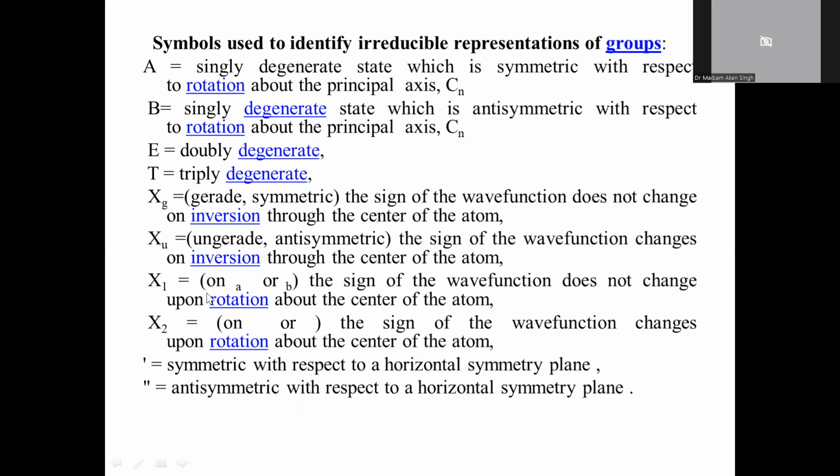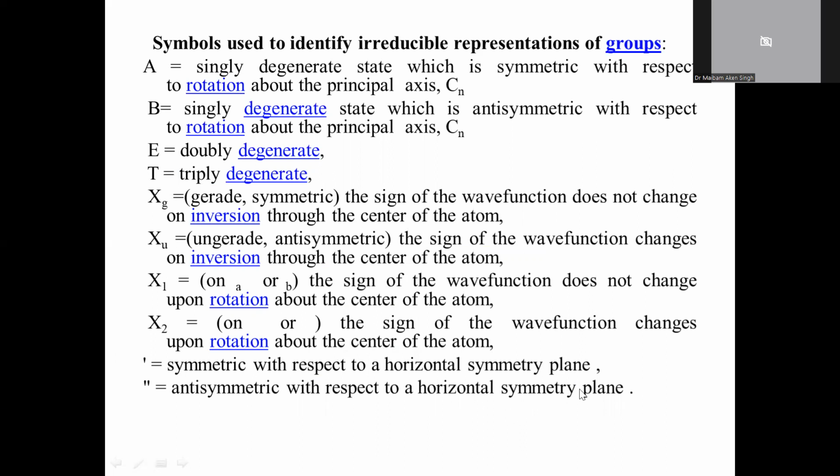The subscript 1 means that for A or B the sign of the wave function does not change, and 2 means the sign of the wave function changes upon rotation about the center of the atom.